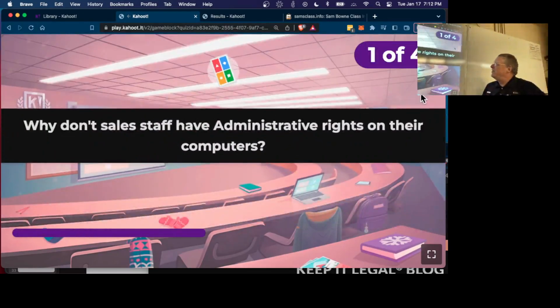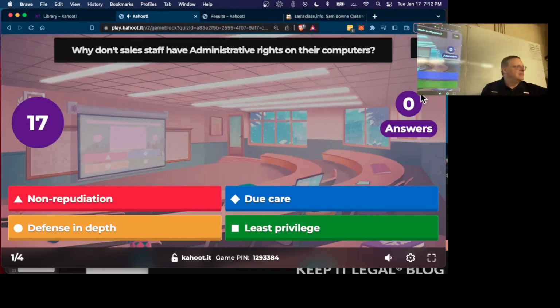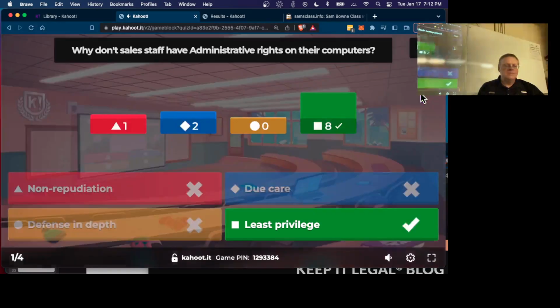All right, so why don't sales staff have administrator rights? That's least privilege. Yep, you only give them the permissions they need.